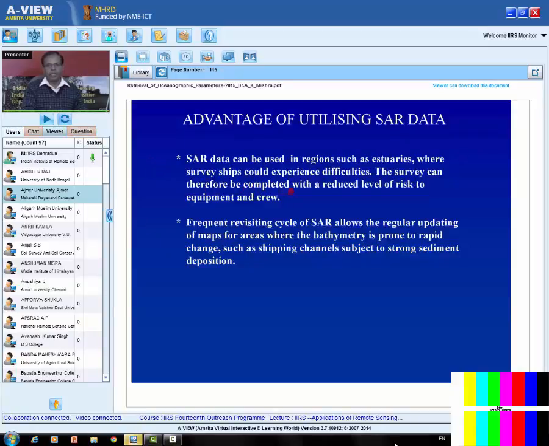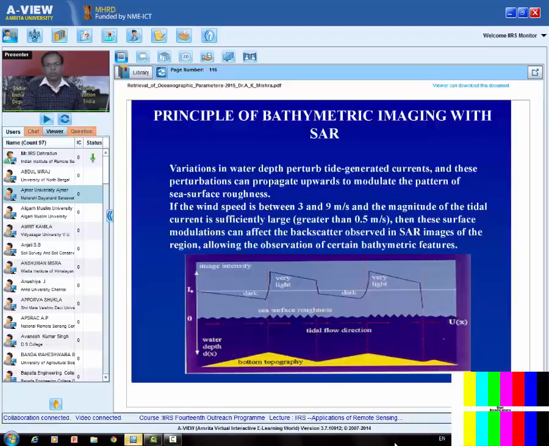The survey can therefore be completed at a reduced level of risk to equipment and crew. The frequent revisiting cycle of SAR allows the regular updating of maps of areas where bathymetry is prone to rapid changes, such as shipping channels subject to strong sediment movement, etc.